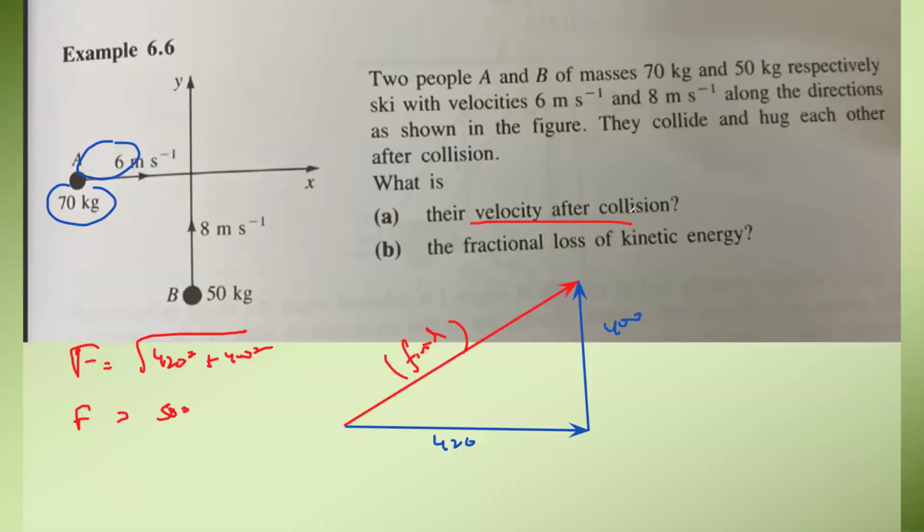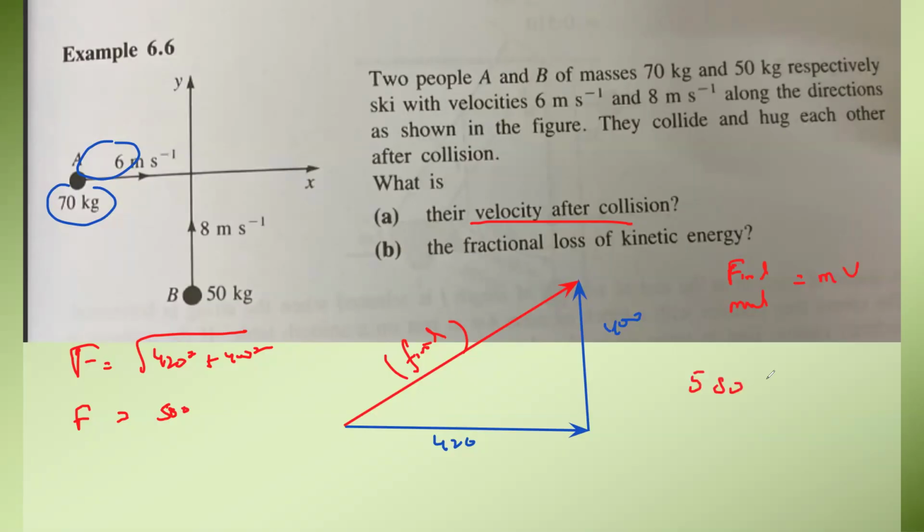But we need their velocity after the collision. So if we need the velocity after the collision, what can we do? We work out the conservation of momentum, and we know momentum is the product of mass and velocity. So the final momentum will be equal to the product of mass and velocity. The final momentum we already worked out, which is 580.